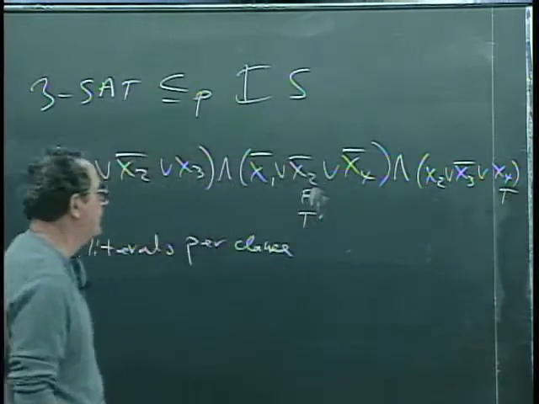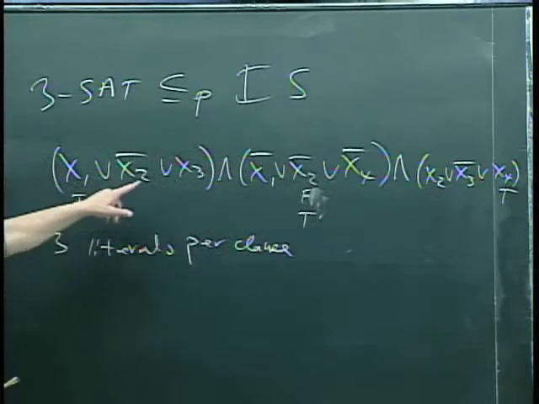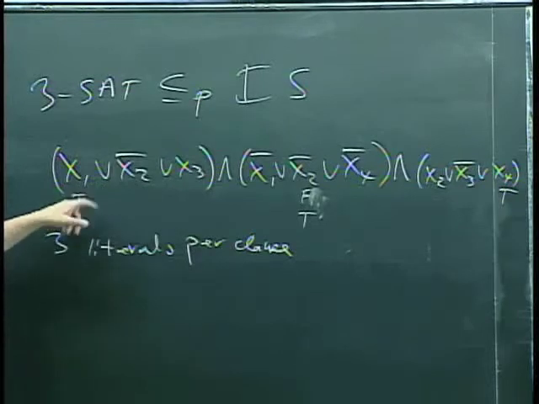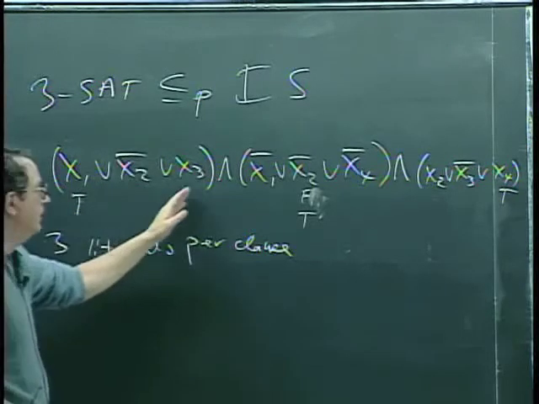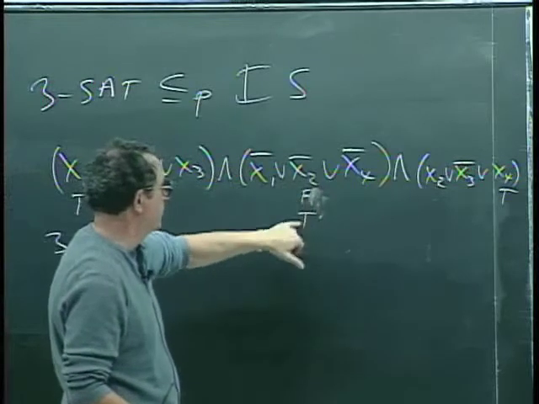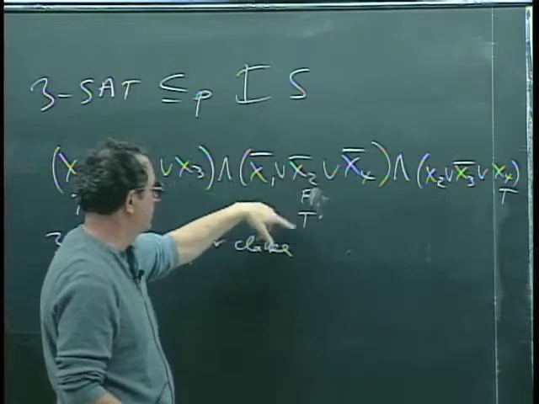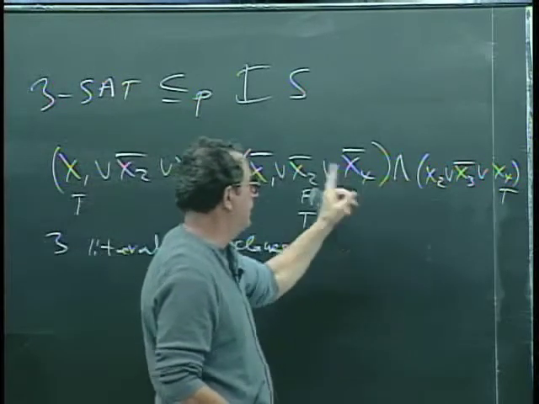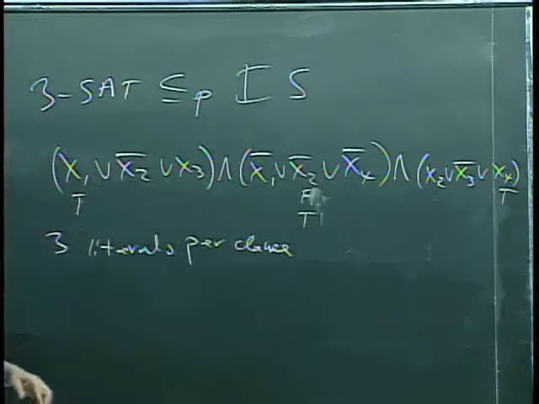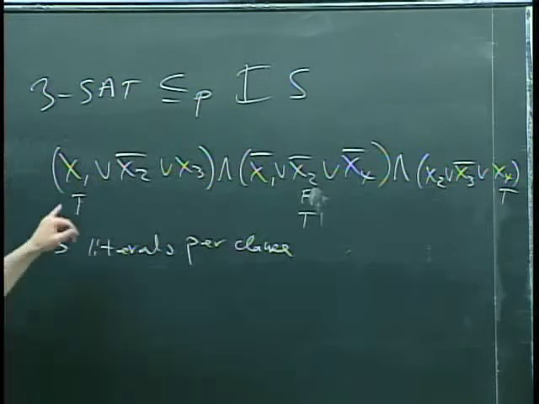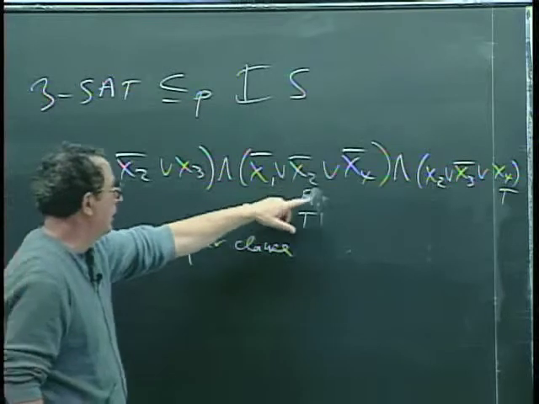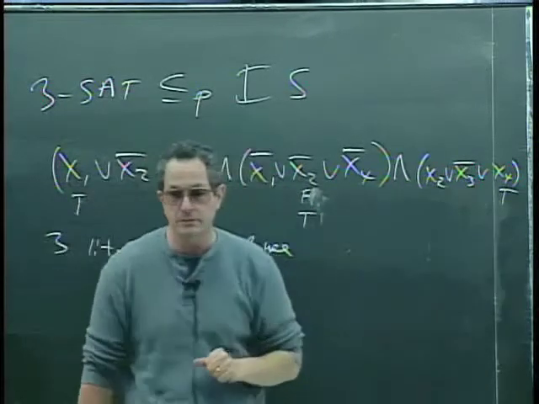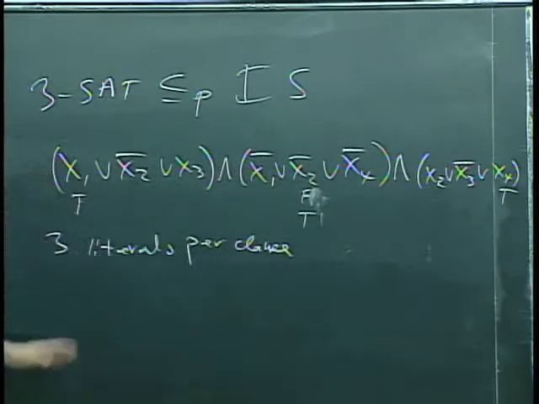Because each clause only requires a single literal to be true, we just need to pick one literal in each clause that becomes true, and then we have the and between the clauses. We have no contradictions here. x1 is true, x2 bar is true, which means x2 is false, and x4 is true. So it all works. Certainly we can make this true.